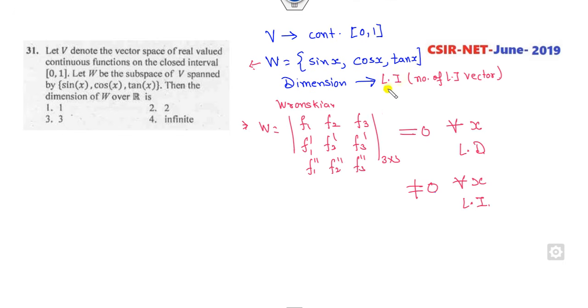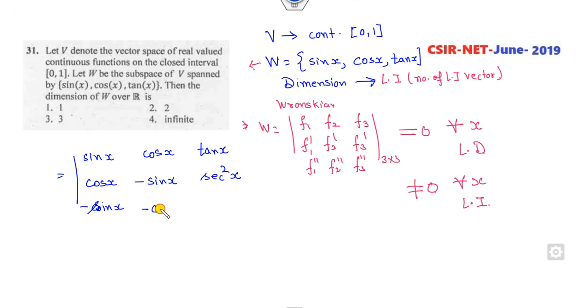Once we know it is LI, then we get the dimension. So firstly we take the derivatives of sin x, cos x, tan x. The derivatives are cos x, minus sin x, secant square x, then minus sin x, minus cos x, 2 secant x into secant x tan x, so 2 secant square x tan x.